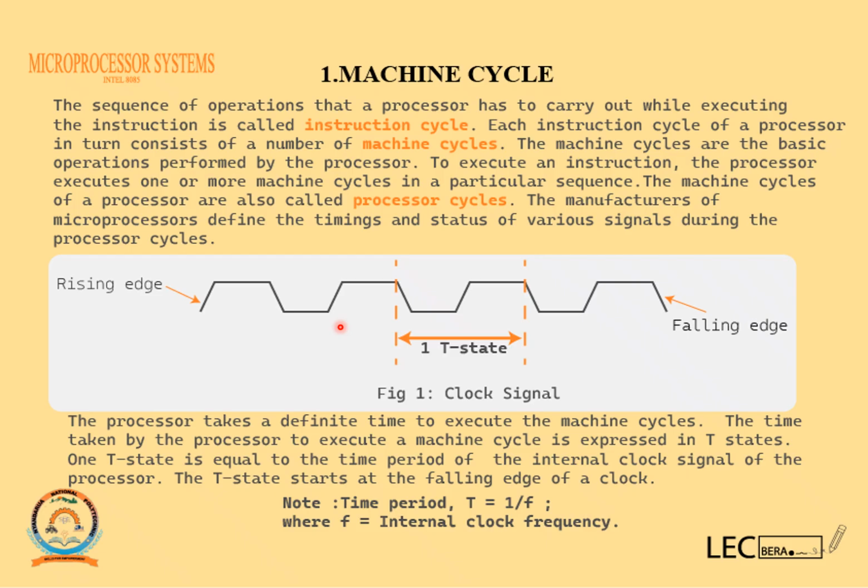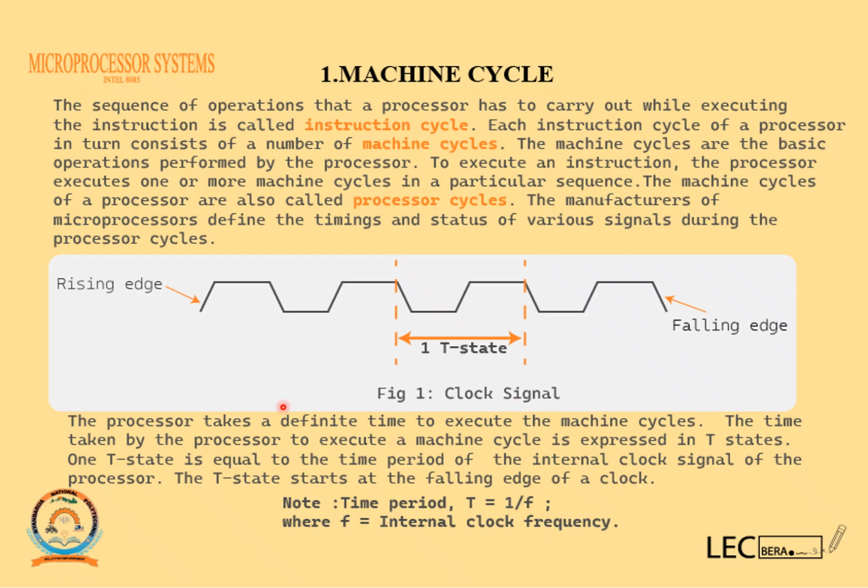So we are being told that the microprocessor will take a definite time to execute a machine cycle, and that definite time we normally measure in terms of T states. A T state is a period for a complete oscillation. But now this T state is measured from what? Falling edge to the next falling edge. I think this is very, very important, and this is one complete period.